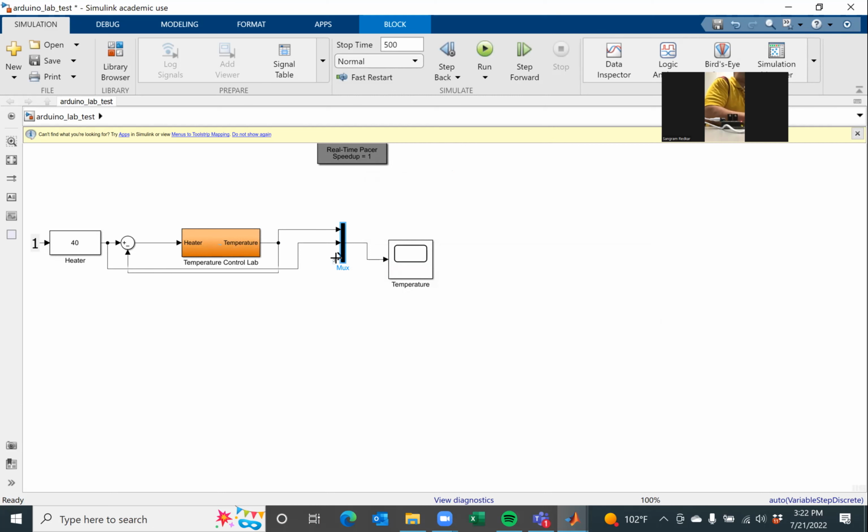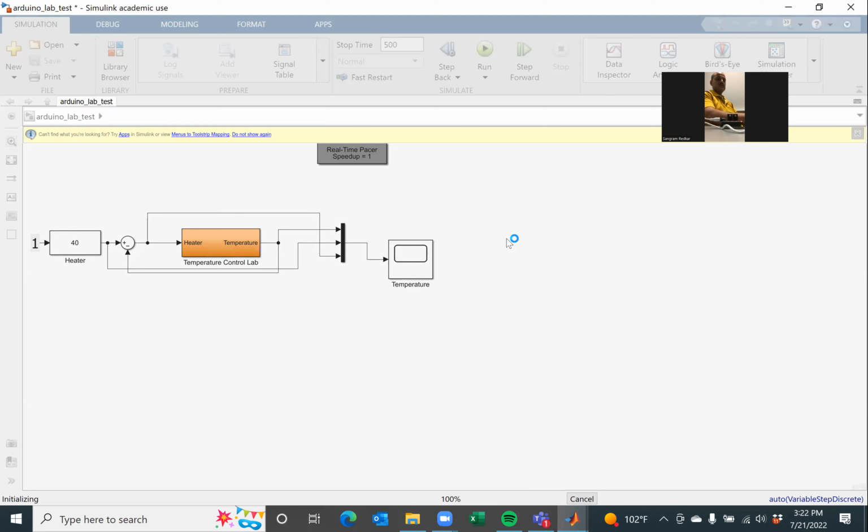So what I'm going to do is I'm going to take this error term and attach over here. So right now what we have is a simple feedback control. Are you with me so far? And I'm going to run this code and see if it works.